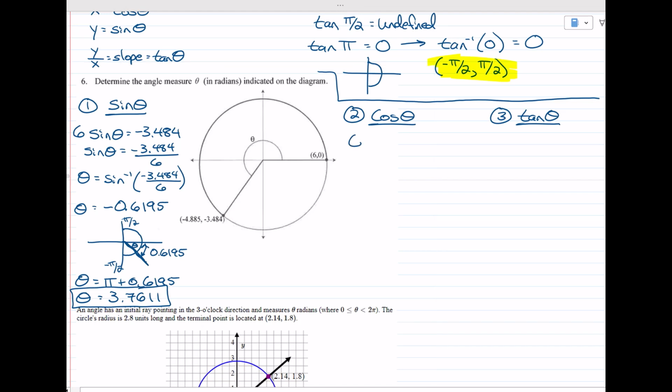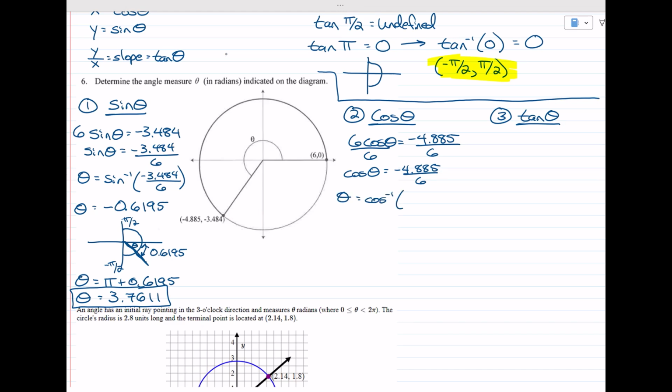We know that 6 times the cosine of theta is equal to negative 4.885. If we divide by 6, we get the cosine of theta is equal to negative 4.885 over 6. And then to figure out the angle, we take the inverse cosine of negative 4.885 divided by 6.